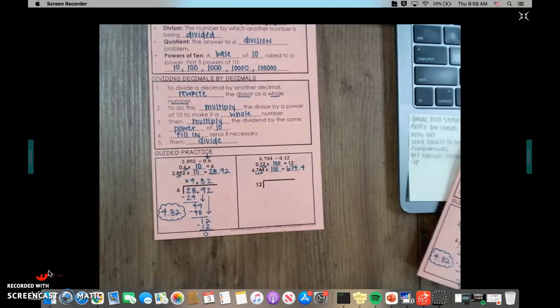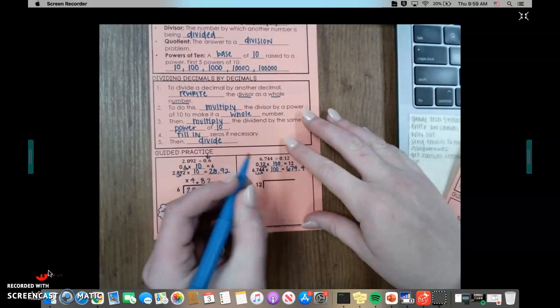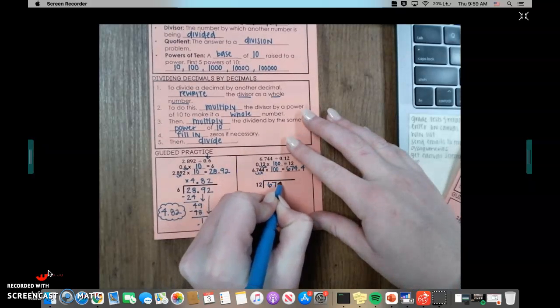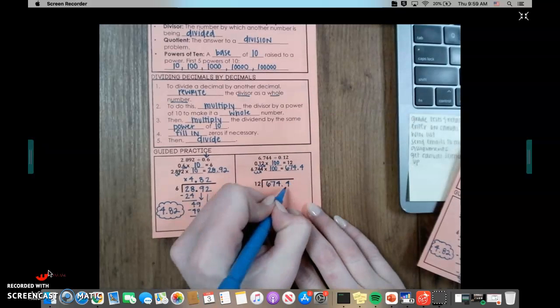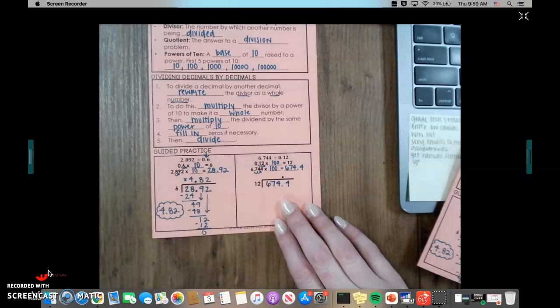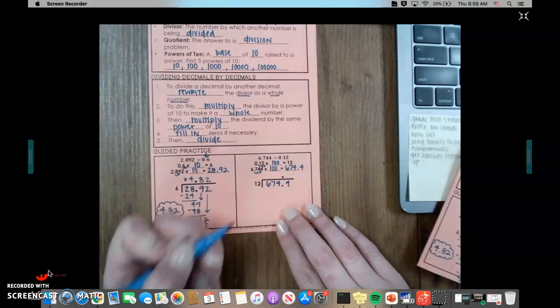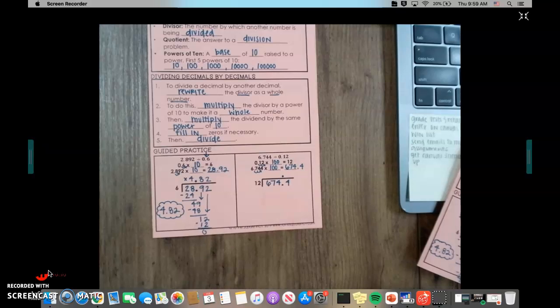Okay? So let's go ahead and stick that new dividend down there. If you want to go ahead and float that decimal up to the top, you totally can before you start the problem, or you can wait till the end like you did last time. Totally up to you.